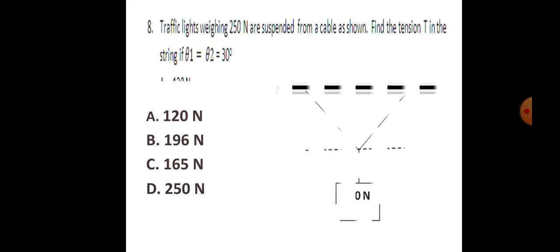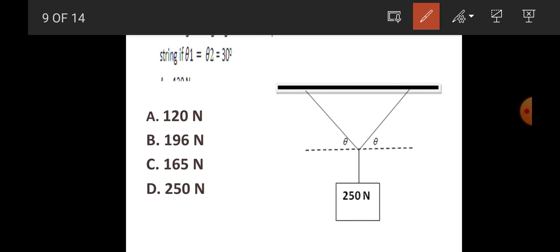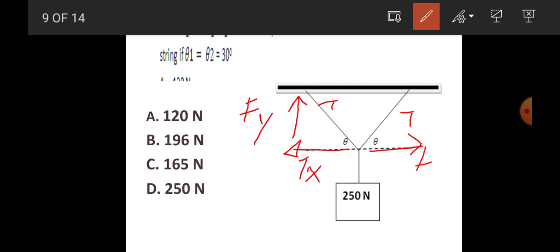Here there is tension, a force. We decompose the tension on this side into tension along x and tension along y, and similarly the tension on this side into tension along x and tension along y.